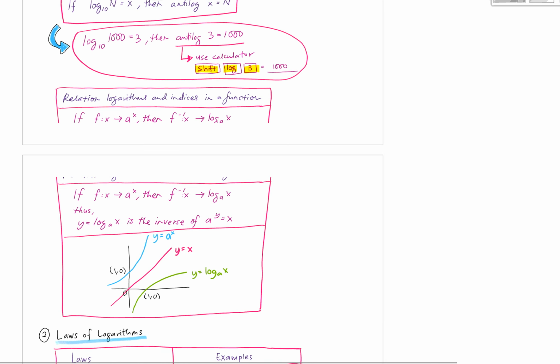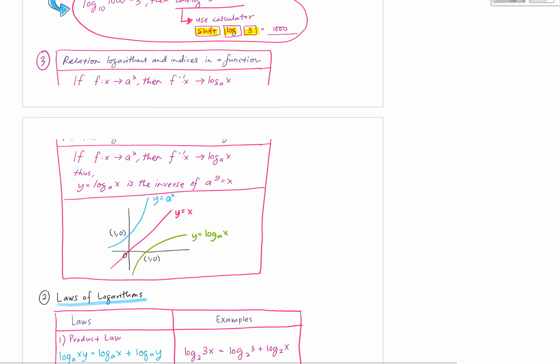Okay, the third thing adalah relation logarithms and indices in a function. Basically you dah belajar dalam function sebenarnya. Kita tunjukkan apa kaitannya adalah logarithms dan juga indices. Logarithm adalah inverse kepada indices.